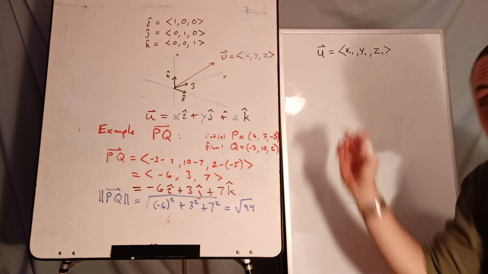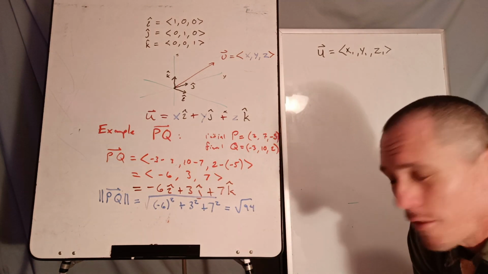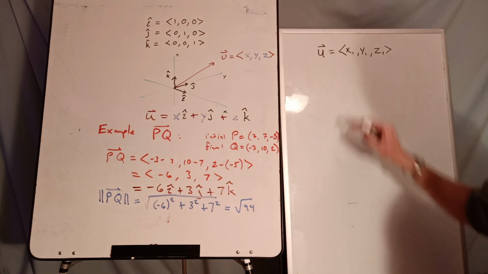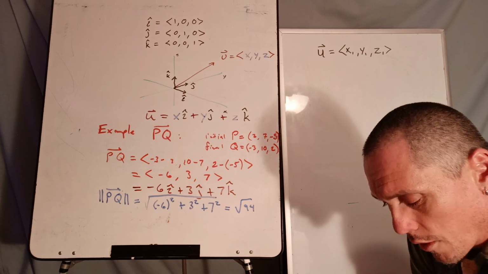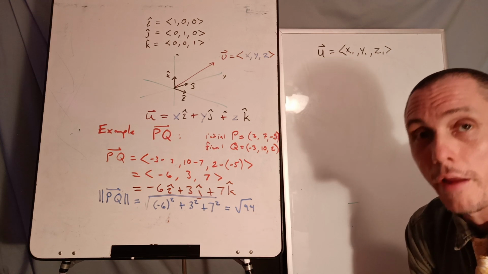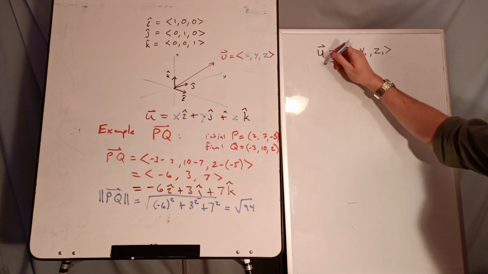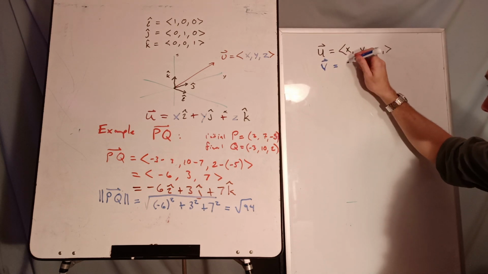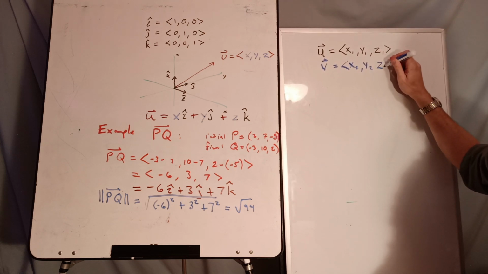Here I could say xu, yu, zu, but it gets harder to distinguish u from v when we are looking at subscripts. It's very tiny down there. And so rather than say that, I'm just going to associate u with 1. Okay? And then our v vector will be x2, y2, z2.